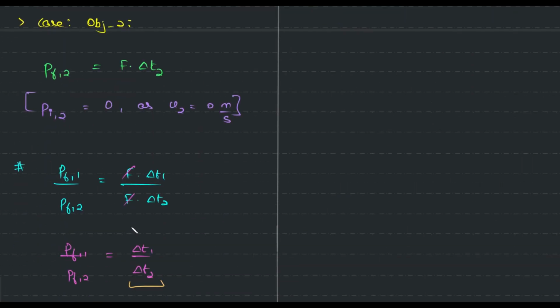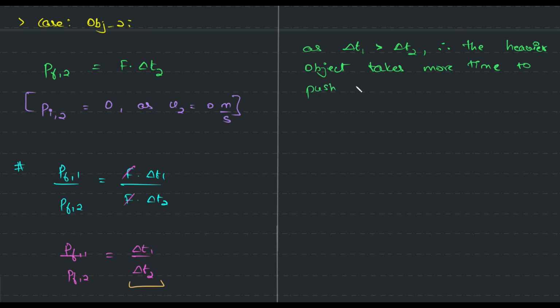And so, as delta T1 is greater than delta T2, this is because the heavier object takes more time to push with the same force.